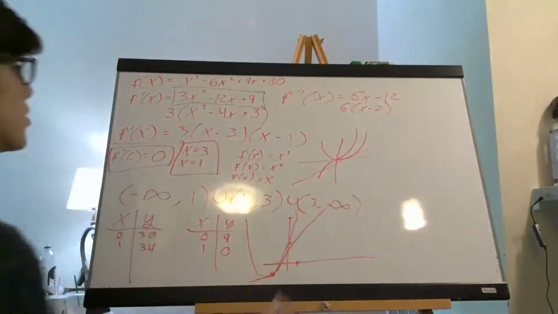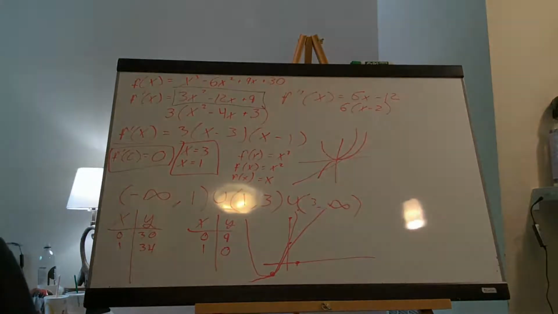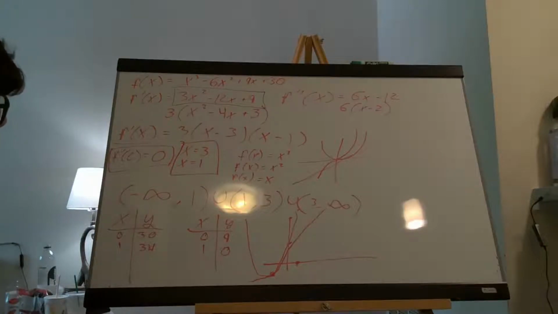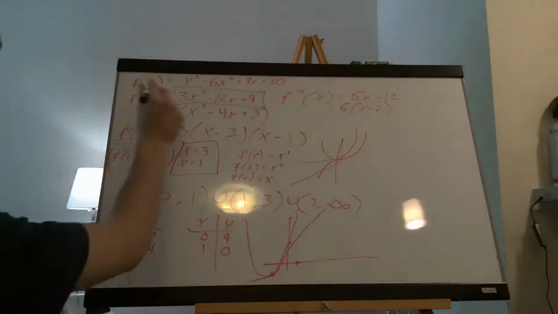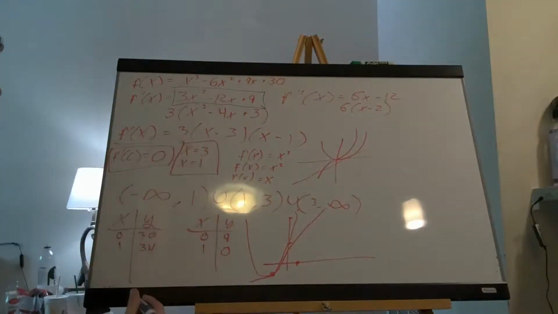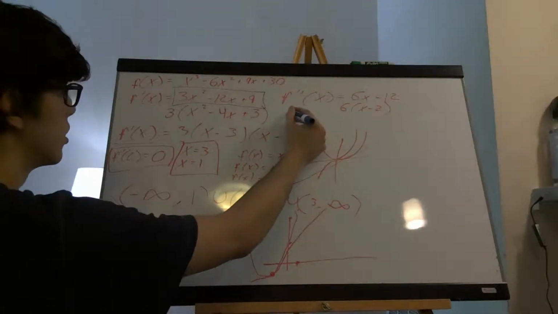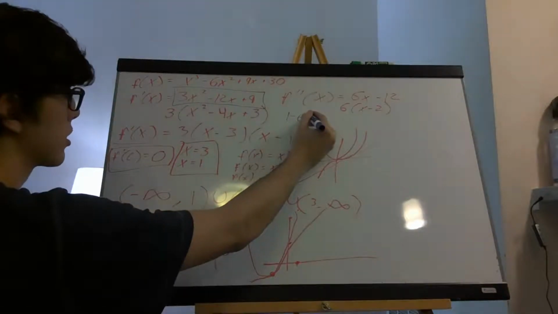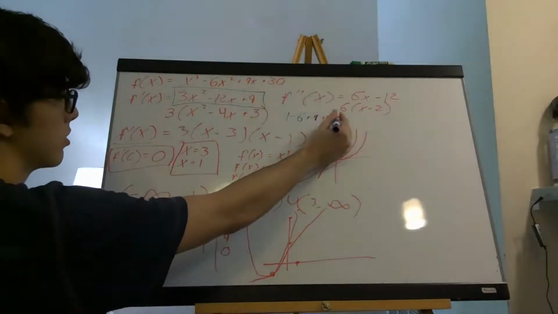No, hold on. Let's see, so let's plug in c for f of x. So we go 1 minus 6 plus 9 plus 30.